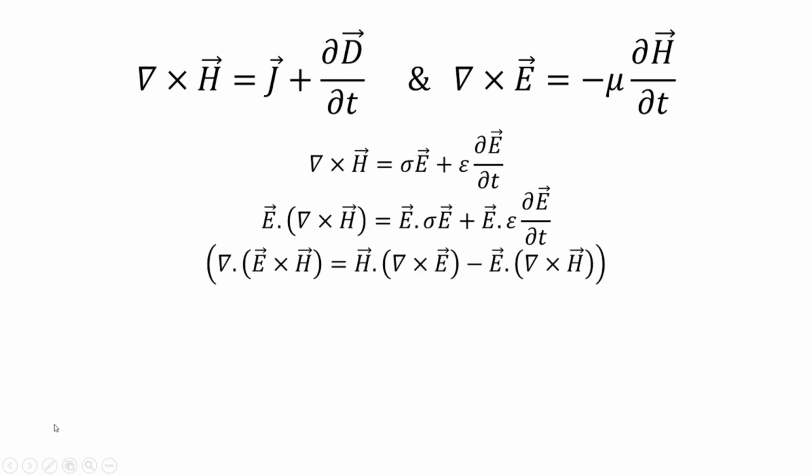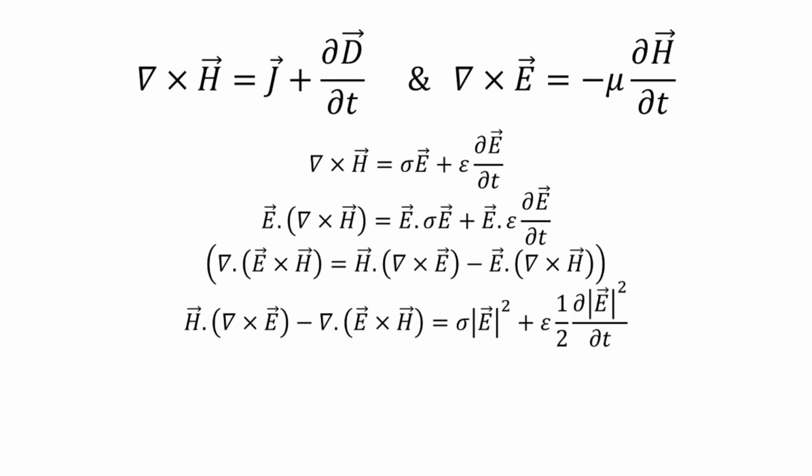From this vector identity, I can write the left hand side of that equation to be H bar dot del cross E bar minus del dot E bar cross H bar. But this we have obtained from the dot products here.